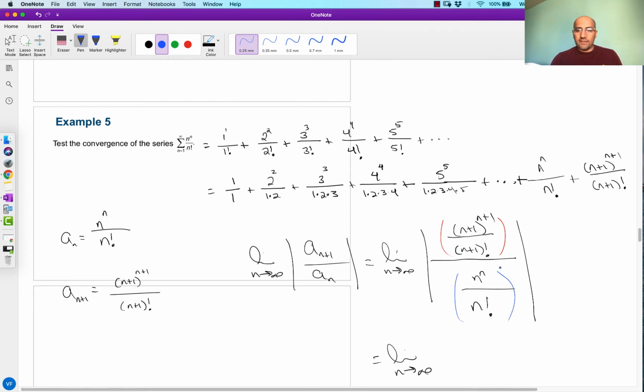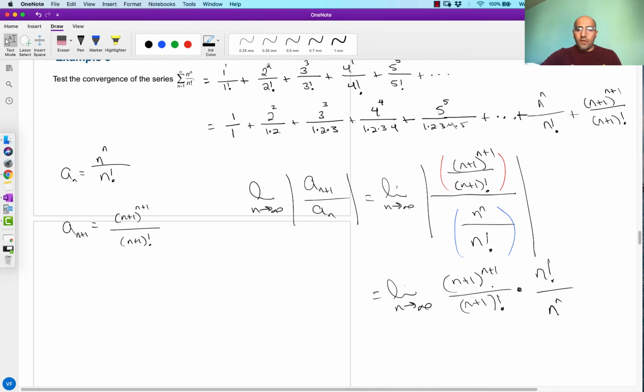So this fraction times the reciprocal of this one, and then simplify. So I'll end up with n plus 1 to the power of n plus 1 in the exponent divided by n plus 1 factorial times, and then its reciprocal will end up being n factorial over n to the power of n.